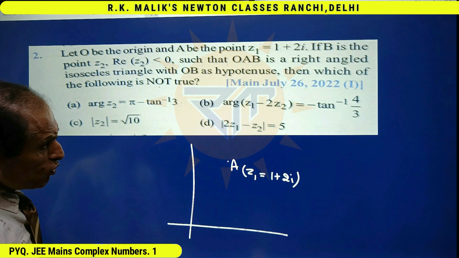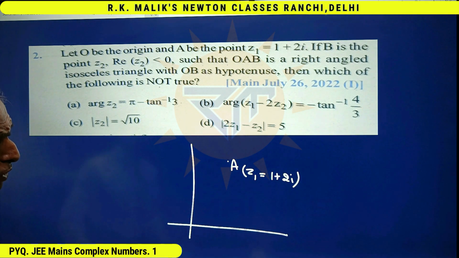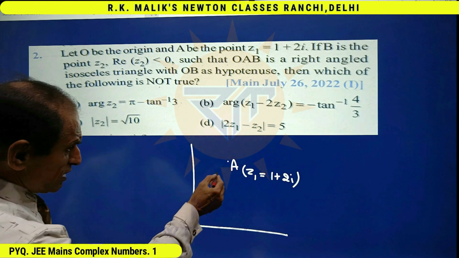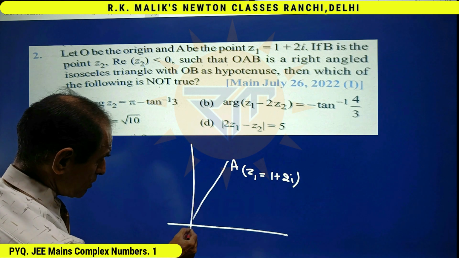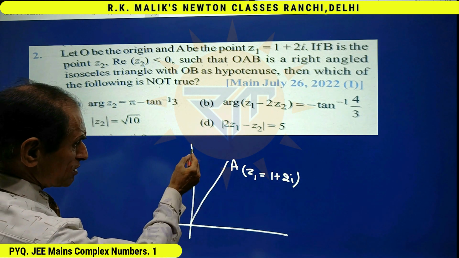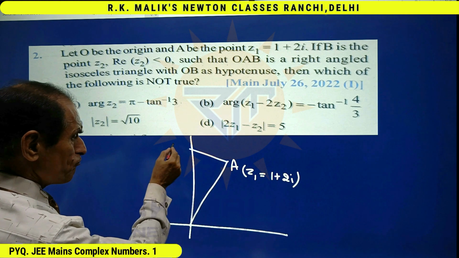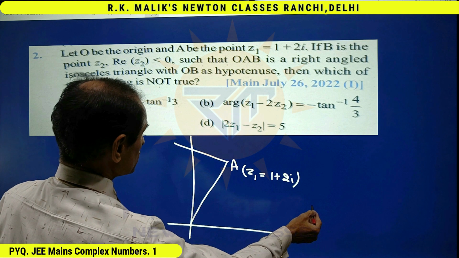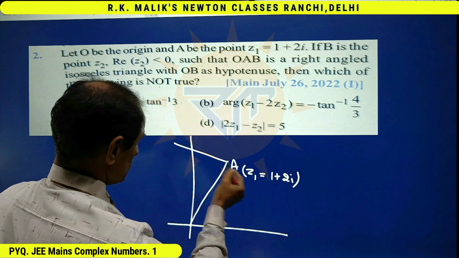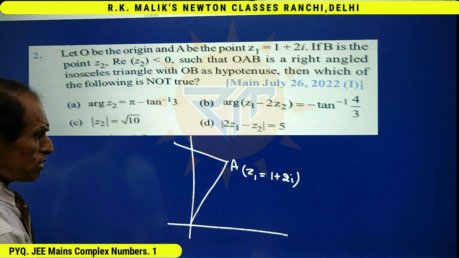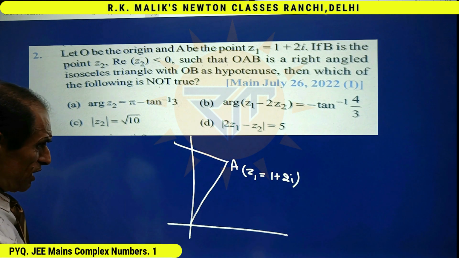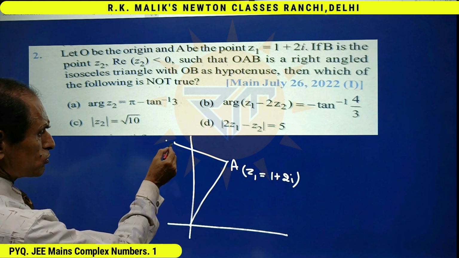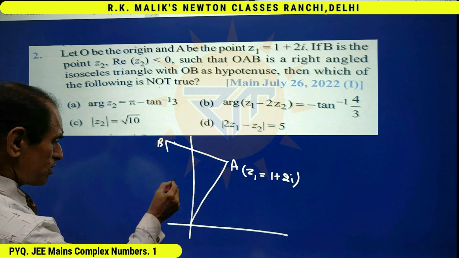Because OB is the hypotenuse, the right angle must be at A. If the right angle is at A, then B must be somewhere here, because if B goes here, then the real part of Z2 will become positive. In this case only is it possible that the real part of Z2 is negative. And it is given that this triangle is isosceles also. Suppose this is the point B.